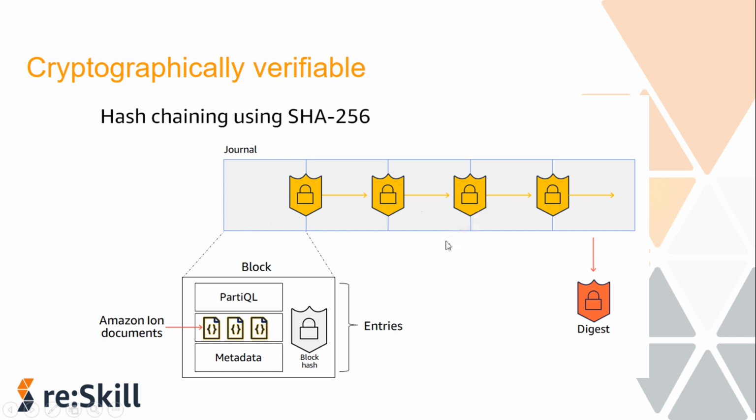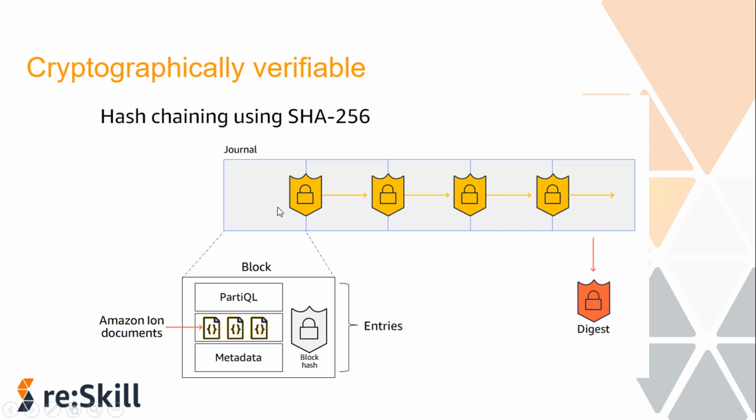It uses a digest, which is a hash value that represents a journal's full hash chain as of a point in time, and a Merkle audit proof, which is a mechanism that proves the validity of any node within a binary hash tree. By this, you can verify that there have been no unintended changes to your data at any time.